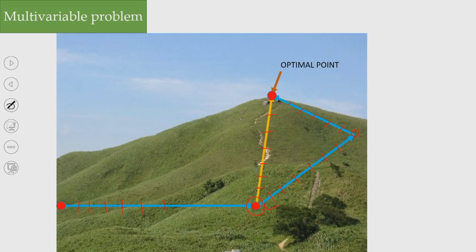Any method you can apply. The problem here is that I do not have any specific algorithm for solving a multivariable problem, but we are converting the problem to a single variable problem, for which we have the algorithms, and then applying that to get the optimal point.